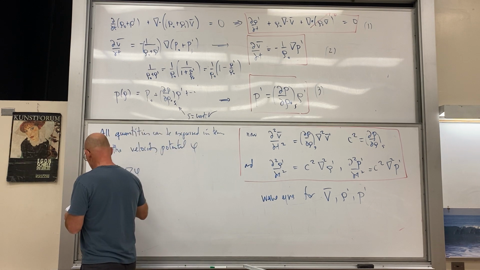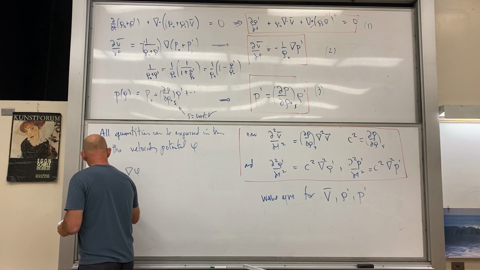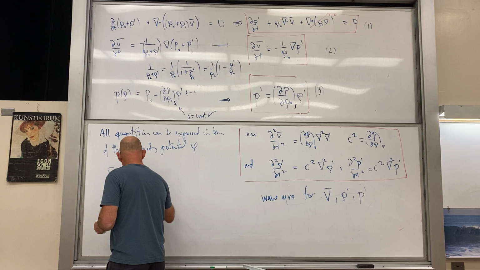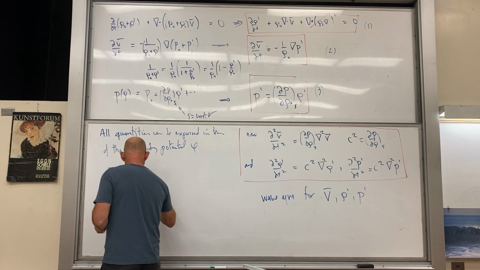So let me just write these down. And we also have p prime is equal to minus rho naught d phi dt.